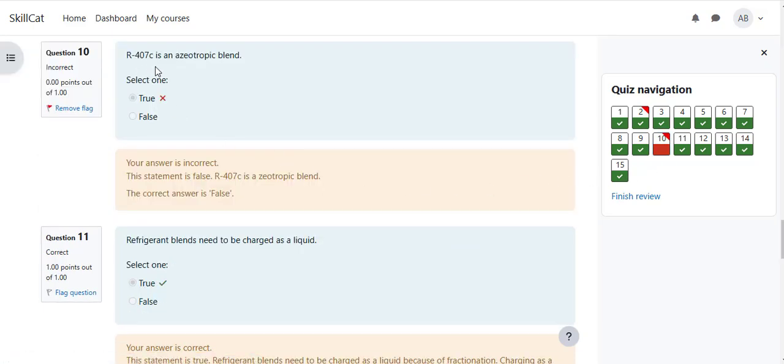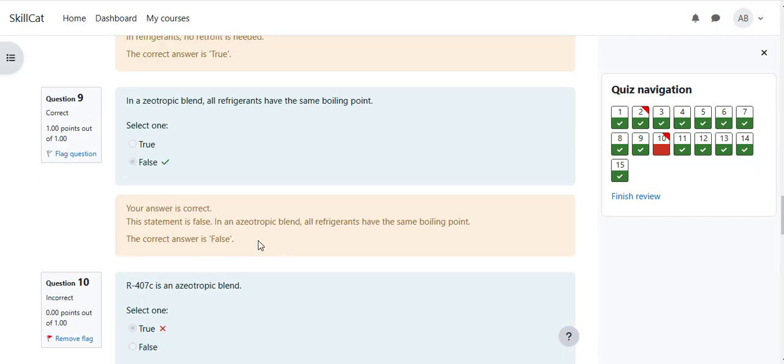R407C is an azeotropic blend. The correct answer is false. Okay, we finished this now.